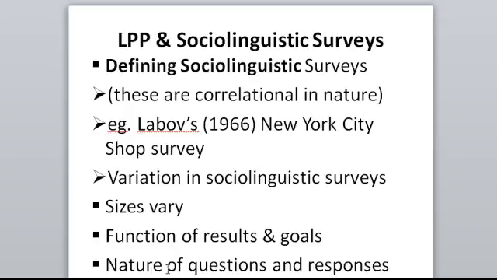For example, surveys carried out by Labov, 1966, in a New York City shop. Now, a survey research is defined as research carried out with respect to an entire population, whether as small as 100 neighboring households, according to Fishman, 1971, or as large as a nation, according to Ladderford et al., 1971.